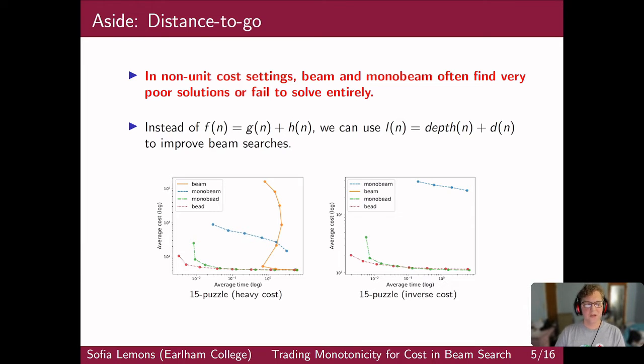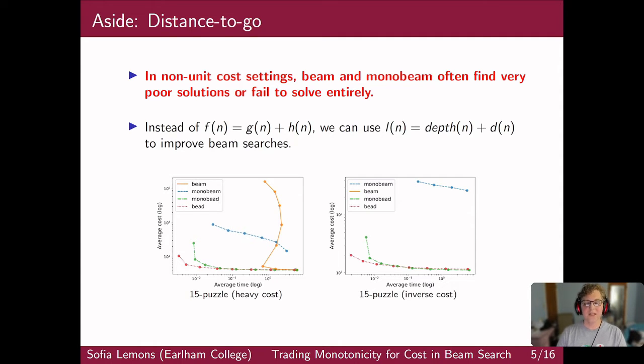This is shown here in two non-unit cost variants of the sliding tile puzzle, where monobeam and beam either fail to solve many instances in the case of inverse cost or return very poor quality solutions in the case of heavy cost. And what we found was that using a distance to go measurement, D, rather than a cost to go measurement in these settings significantly improved beam search performance.